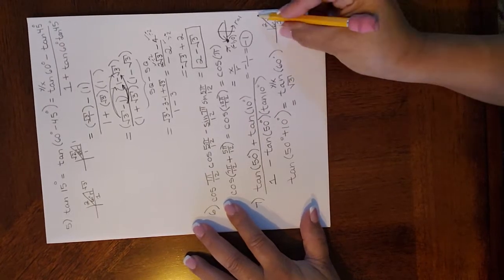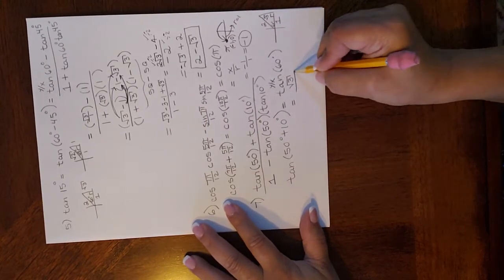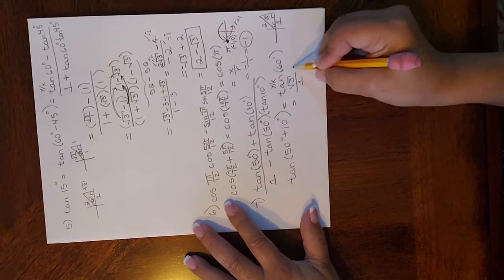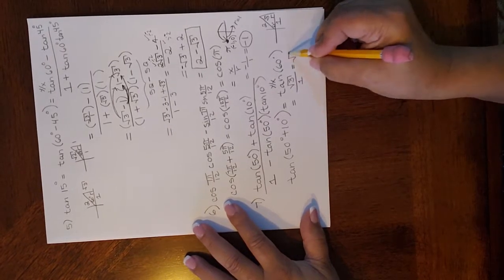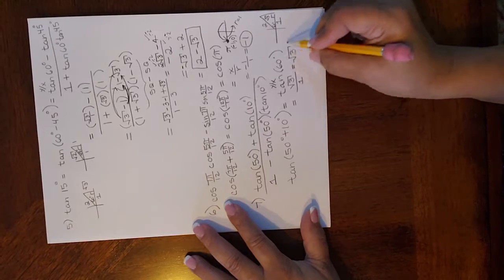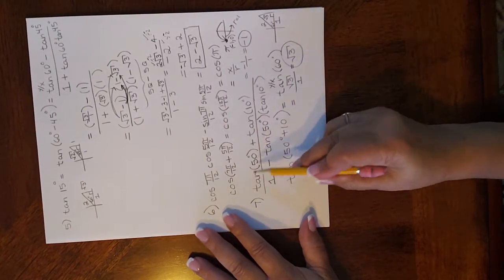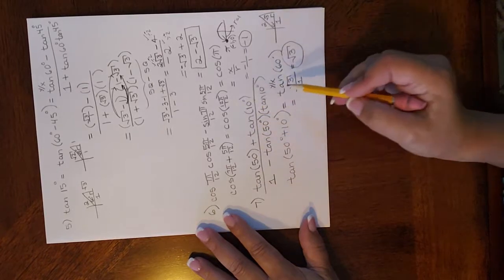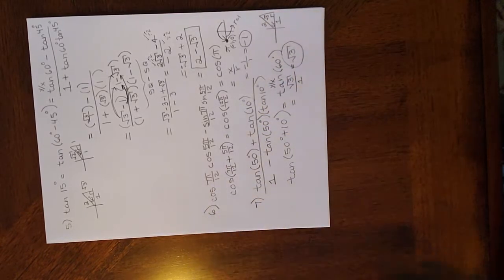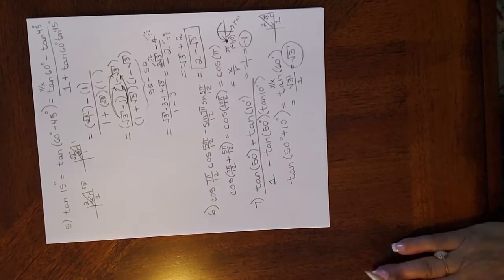That would be your y value. And the x value is 1. So the answer is square root of 3. Okay, so you went all the way from this expanded formula all the way to square root of 3. And that completes numbers 5 through 7.